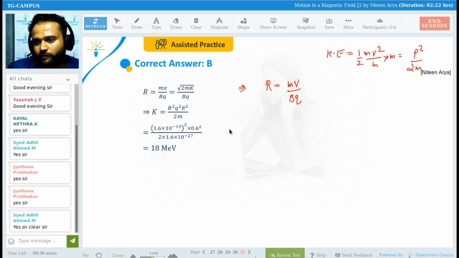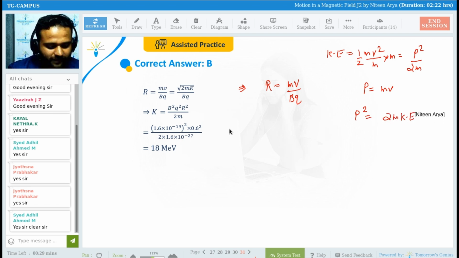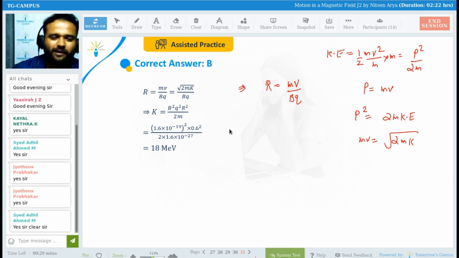P square upon 2m, where P equals mv. So from here, P square becomes 2m into KE, or you can write directly, kinetic energy is P square upon 2m, so P is under root 2m K. It's better, whatever relation you remember, the correct answer is this.